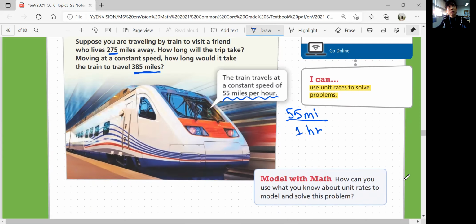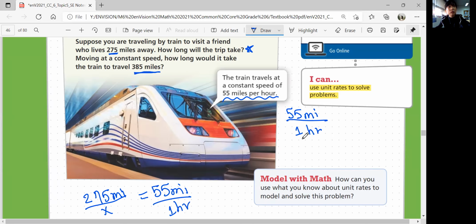So in order to answer the first question, we want to see how many hours it takes for the train to travel 275 miles. So 275 miles over x hours, and that's what we're trying to figure out, which should be an equivalent fraction for 55 miles per hour, right?